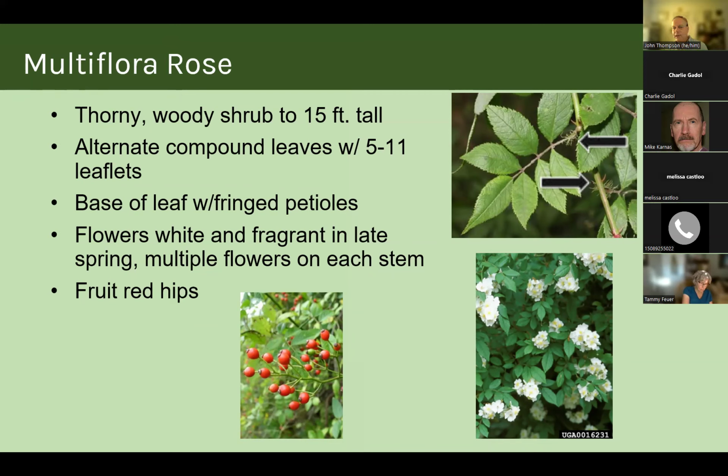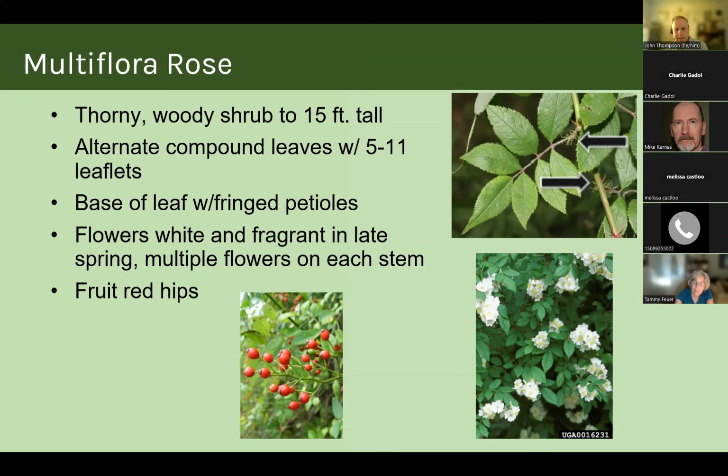It could be a shrub that grows 15 feet tall, and it has alternate compound leaves with 5 to 11 leaflets. And the character of this one, and this is what you need to pay attention to, is the base of those leaves. It has what are called fringed petioles. So you'll see this little fringe along the base of these leaves, and this is the whole leaf here in the upper right photo.